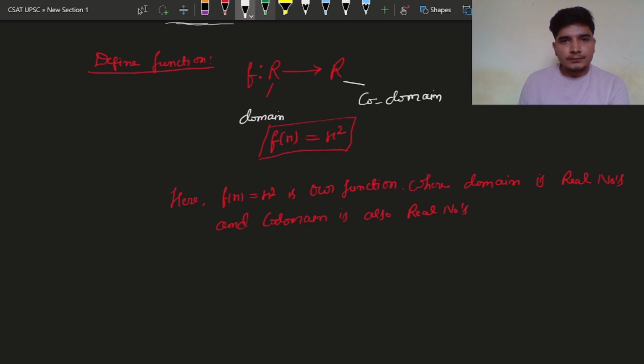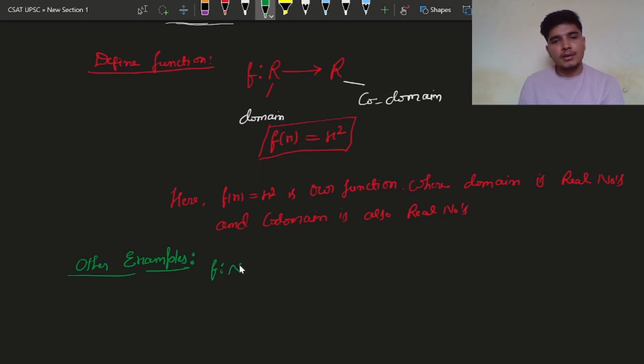Other examples: what other examples can we have? Let f be from natural numbers as the domain to natural numbers as the codomain, and we define the function f(x) equal to x plus 1.